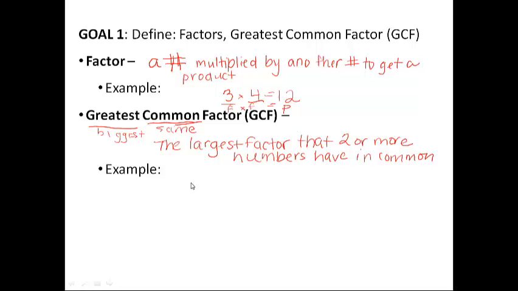Okay, let's use 14 and let's use 21. This is what a T-chart is. Follow along here. You put the number that you've been given at the top, and then you draw a big T underneath.